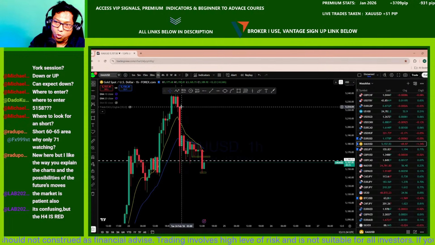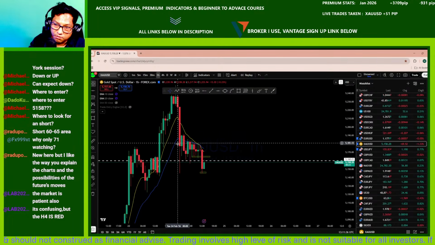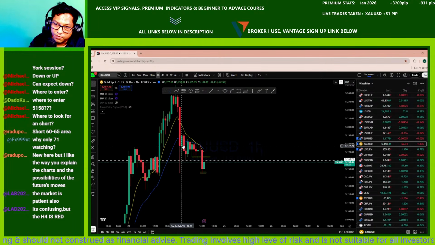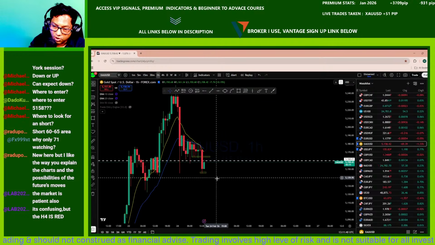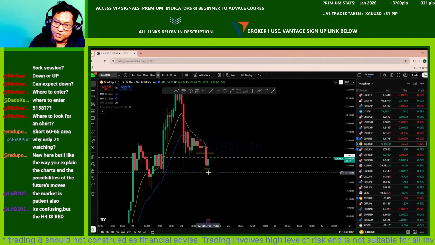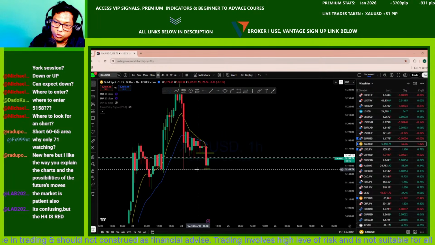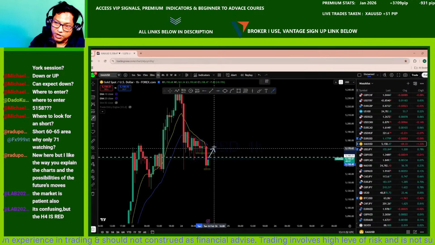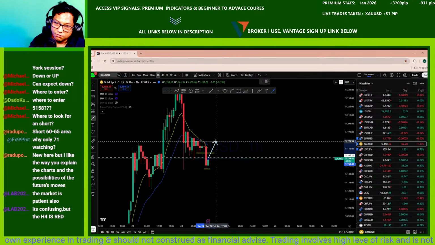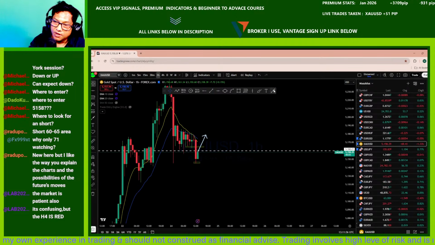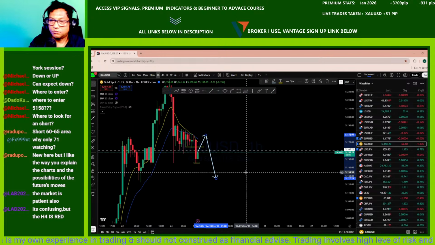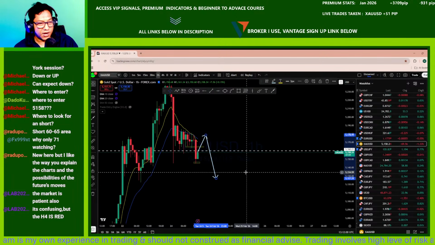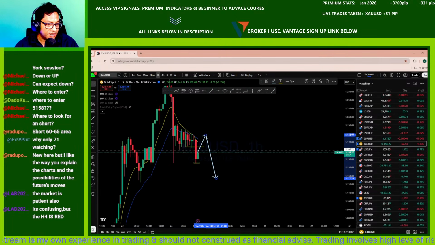If you look at this, it's a 1 hour big bear candle followed by consolidation with a series of lower highs, and it dropped down to the same level. There is a double bottom, and that double bottom might now go for another retest here, and that might be the market structure that you could see in that area.